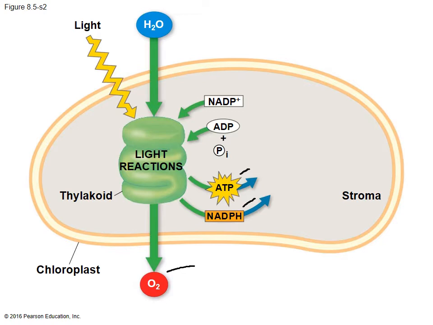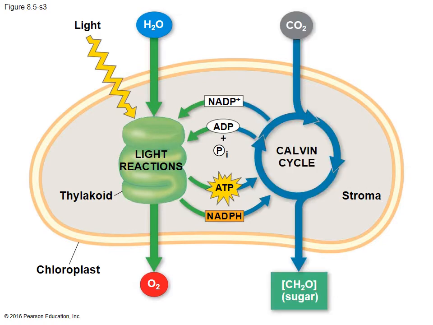This ATP and NADPH are then going to move into the next process that takes place in the Calvin cycle. ATP is going to come into the Calvin cycle, and when it gets oxidized, it is going to regenerate ADP that will then exit the Calvin cycle and go back to the light reactions.